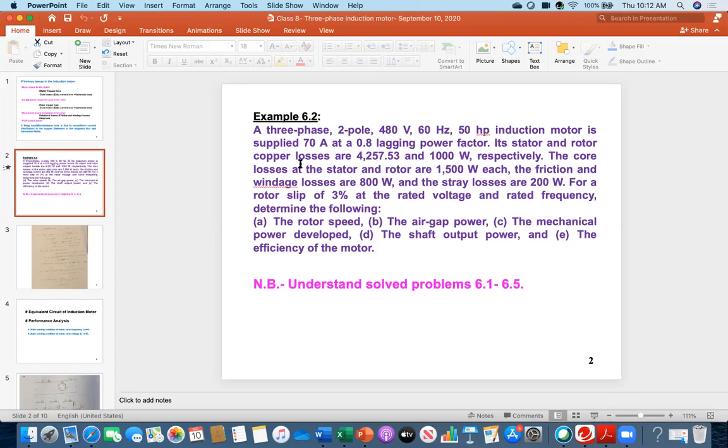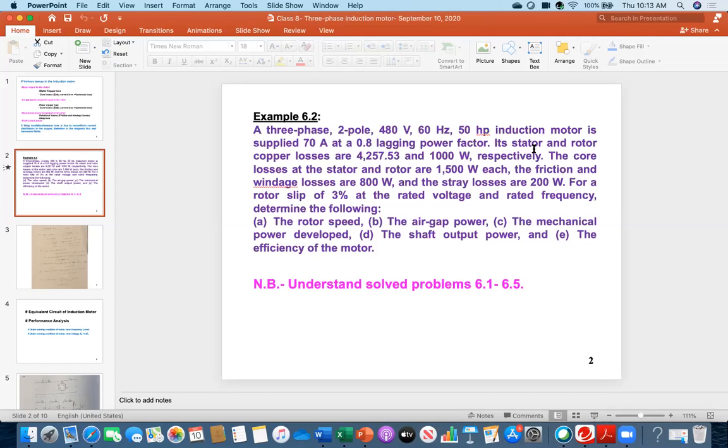Okay, and it is supplied 70 ampere. Similarly, this current information is the line current, at a 0.8 lagging power factor. Because an induction motor has a stator and rotor with coils, the power factor is lagging. Then its stator and rotor copper losses are given as these numbers.